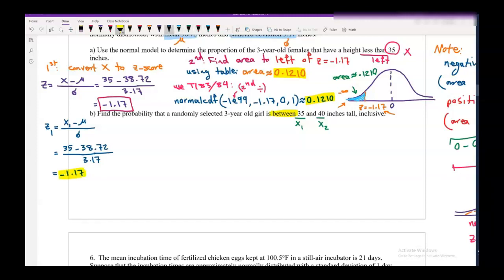Now finding z2. This is equal to x2 minus the mean, divided by the standard deviation. So our x2 is 40 minus the mean, again 38.72. Standard deviation is 3.17. So here it is 0.40.